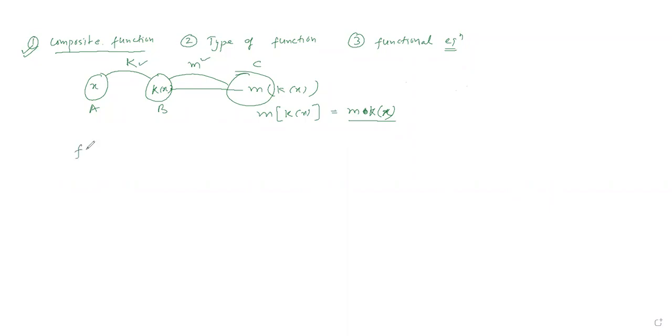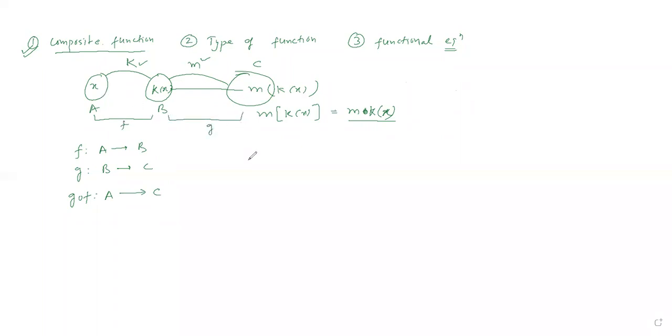Guys, it's something like this. If f is defined from A to B and g is defined from B to C, then g o f is defined from A to C. This is f, this is g.